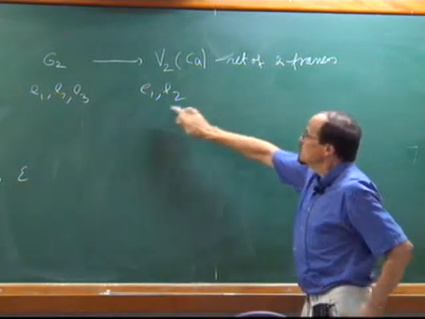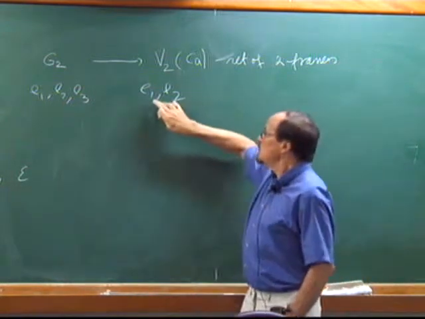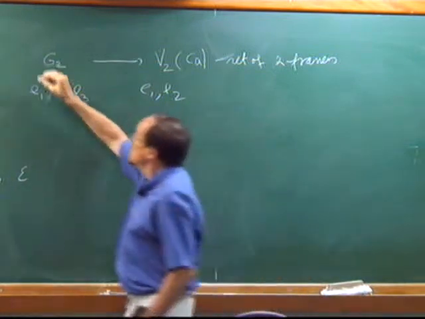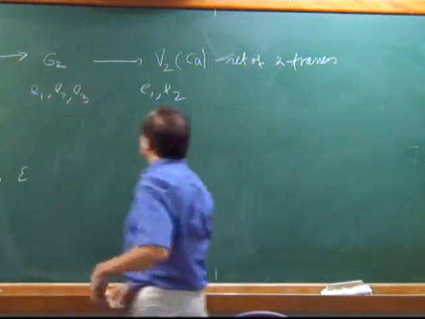This map is onto, right? No matter what E1, E2 I give you, I can certainly find an E3 that's orthogonal to E1 times E2, so it's onto.